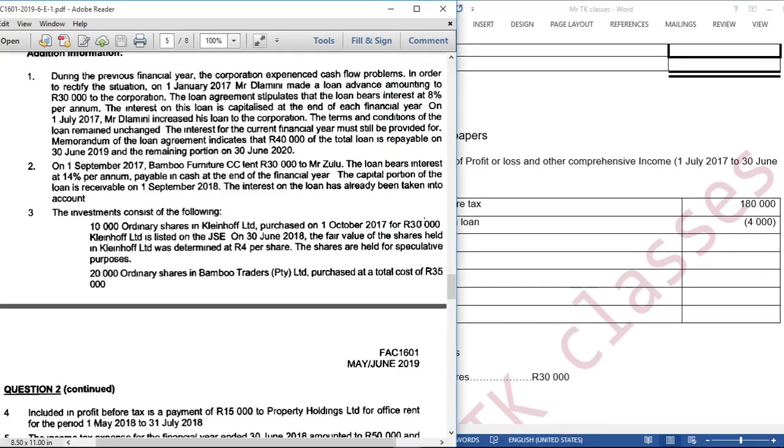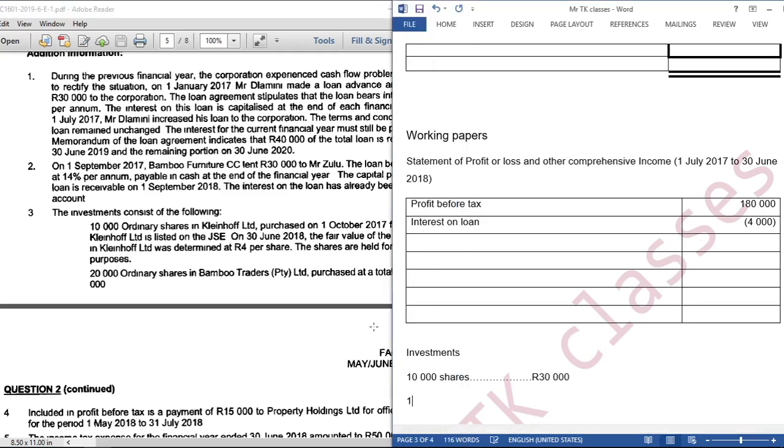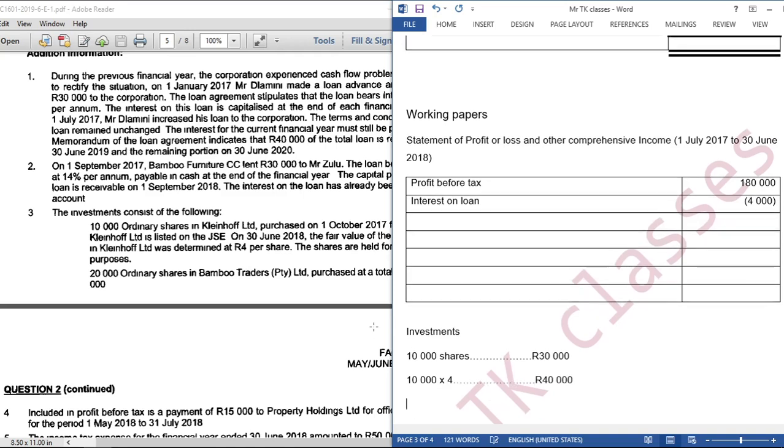Now, on 30 June 2018, which is the end of our financial year, the fair value of the shares held in K Limited was determined at R4 per share. So if we have 10,000 shares determined at R4 per share, these shares are for 40,000 rands.